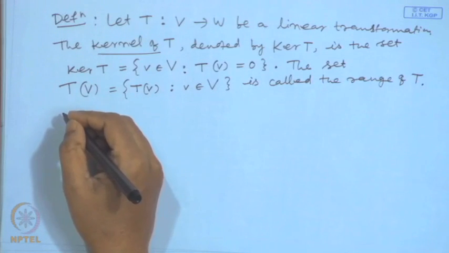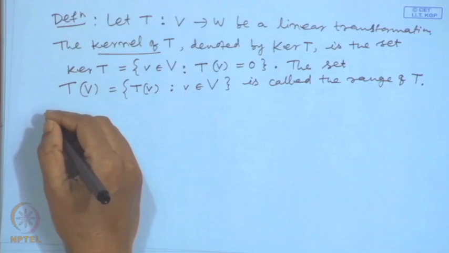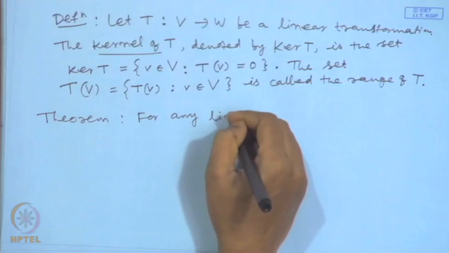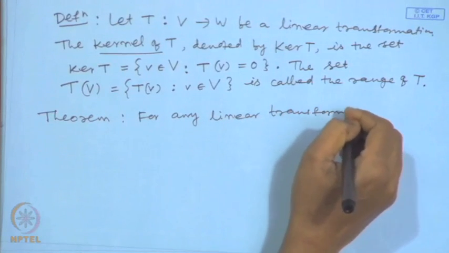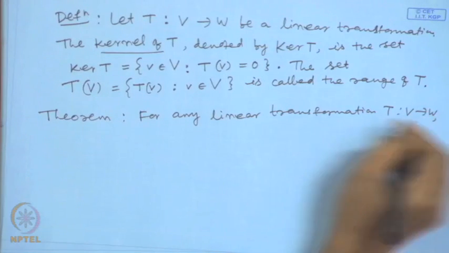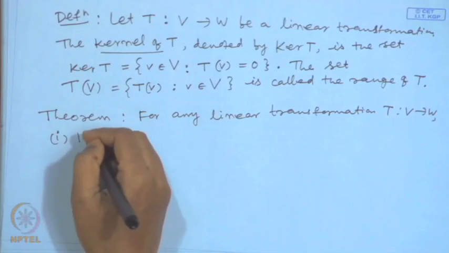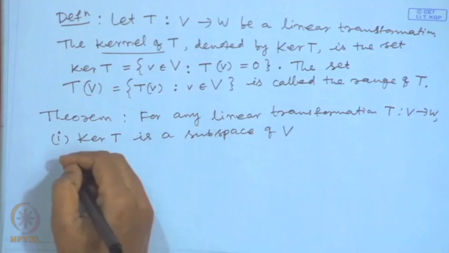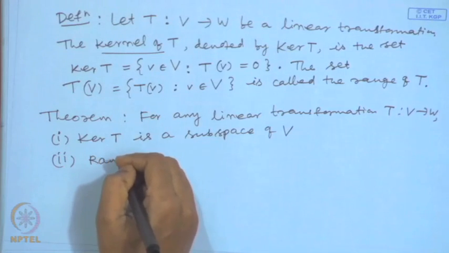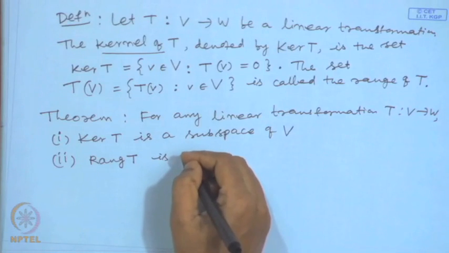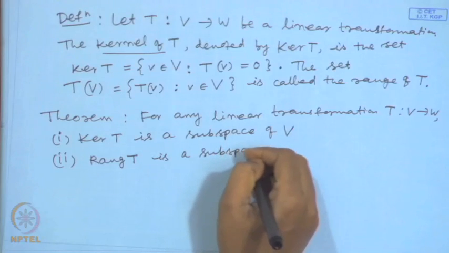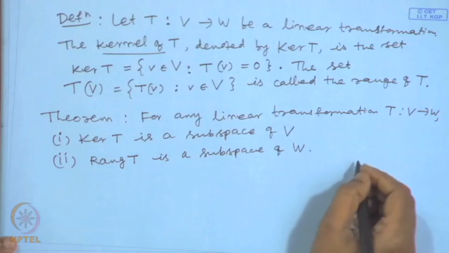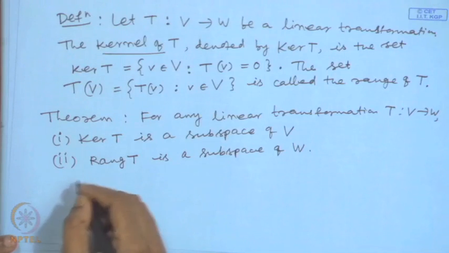For any linear transformation T from V to W, one can check easily that the kernel of T is a subspace of V, and the second result is that the range of T is also a subspace of W. That one can check easily by using the definition of a linear transformation, and it is not hard to check.